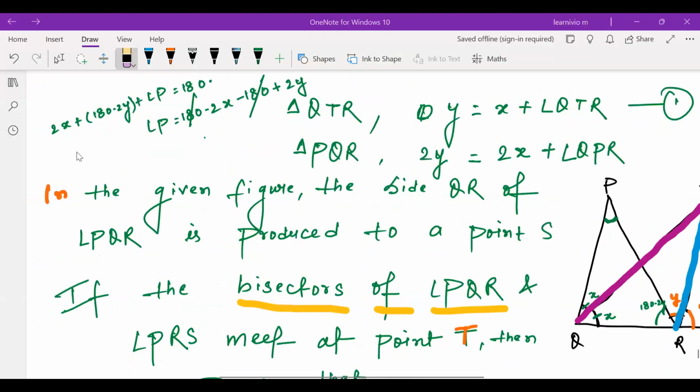Ma'am, I'm audible now. Yes, Adya, you are audible. Ma'am, I was saying that after taking the exterior angle, can we take half of angle P plus angle TQR is equal to angle TQR plus angle T?